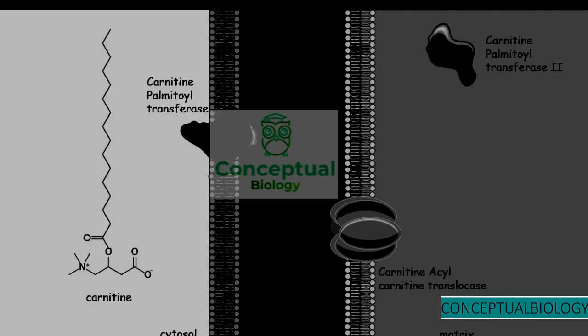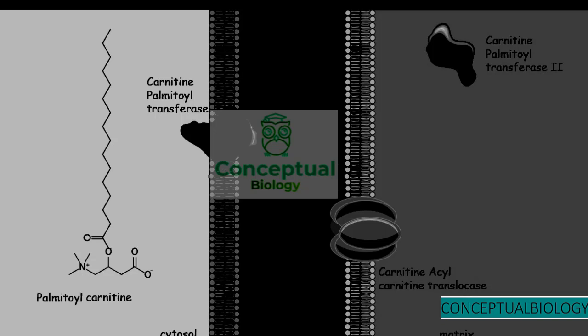The carnitine makes a conjugation with these fatty acid. For example, in this case it's a palmitoyl carnitine, and this adduct is actually transported by carnitine palmitoyl transferase 1, or commonly known as CPT1, present in the outer mitochondrial membrane.